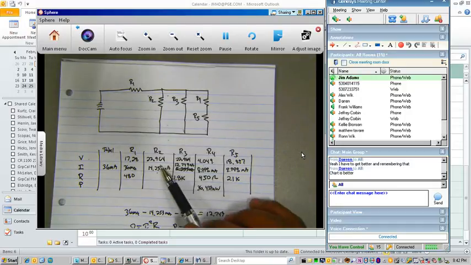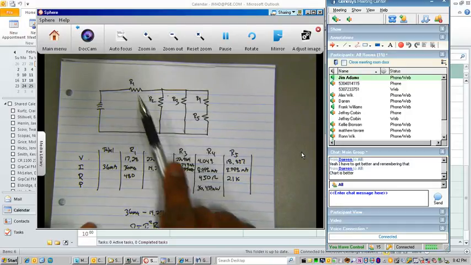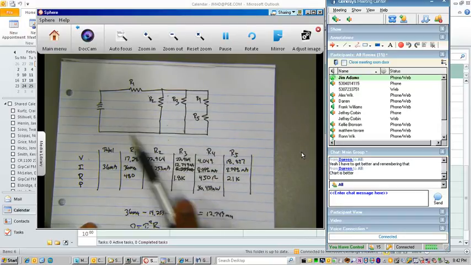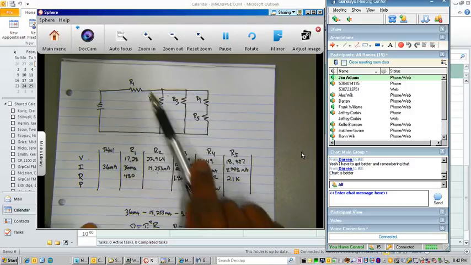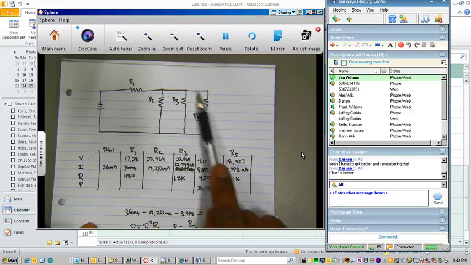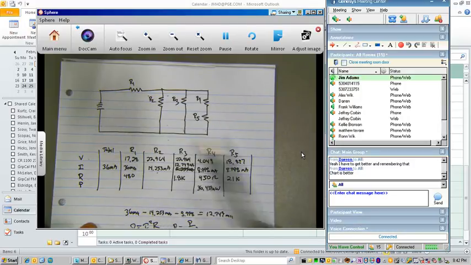Right, it would be the sum of these two, right? 22.964 volts. Everybody see that?